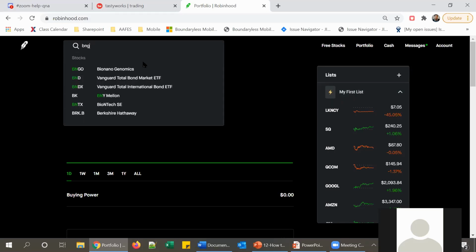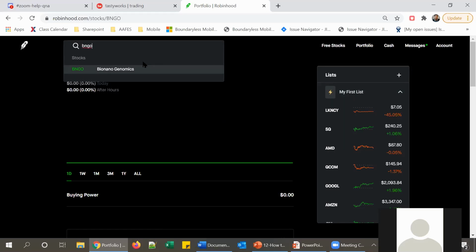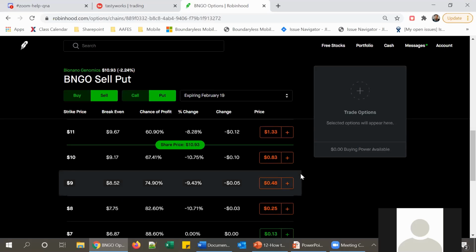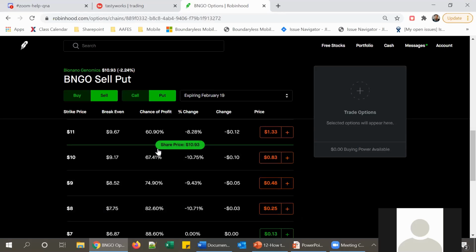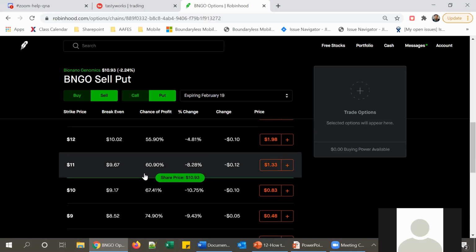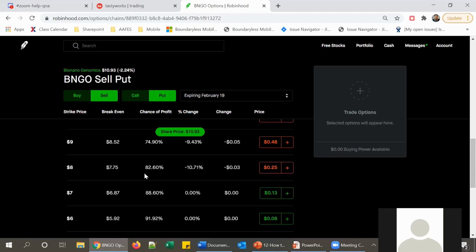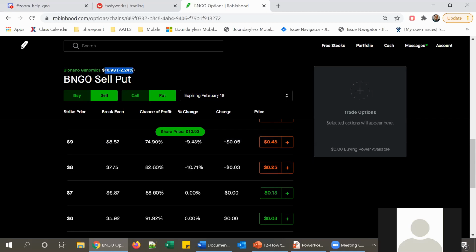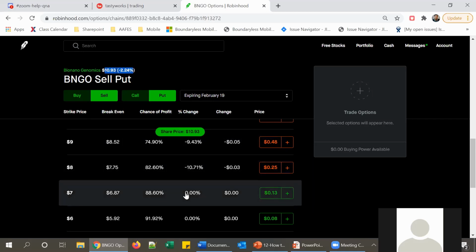A lot of people were playing with Bingo, so let's pick that as an example today. In my passive income strategy, the whole idea is that if Bingo or any stock is at a particular price, we sell the option at a way lower price. For example, if Bingo is at $10.93, we will sell a put for a $7 strike.